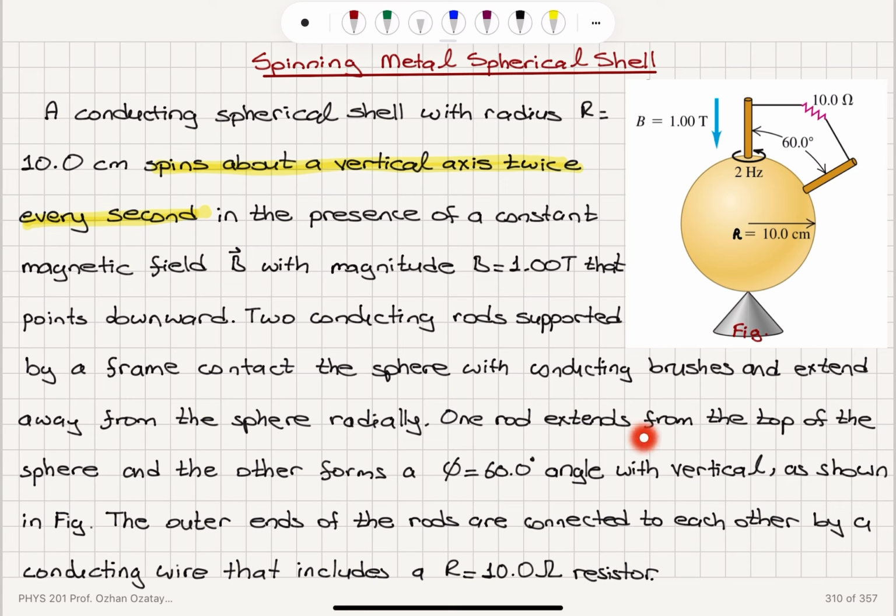One rod extends from the top of the sphere and the other forms a phi equals 60-degree angle with the vertical as shown in the figure. The outer ends of the rods are connected to each other by a conducting wire that includes a 10 ohm resistor. So here we have a conducting path because it's a metal spherical shell.